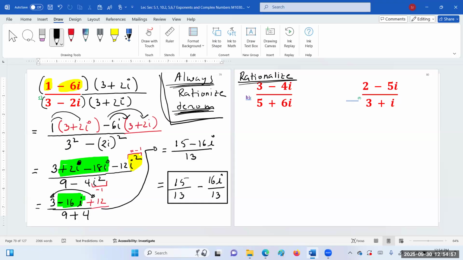Leonardo, Brian R, Brian V, Gian, Alex, Anastasia. So 1, 2, 3, 4 absent.